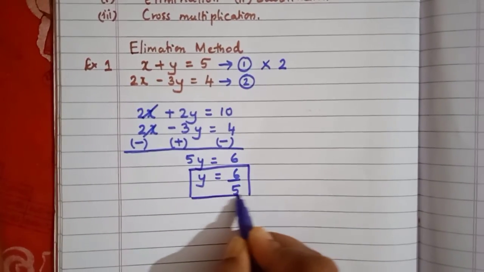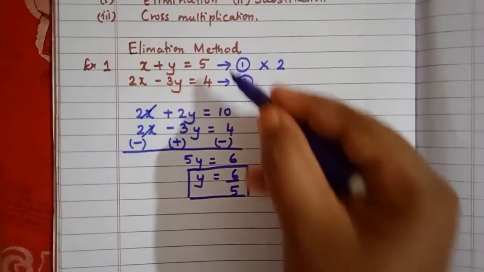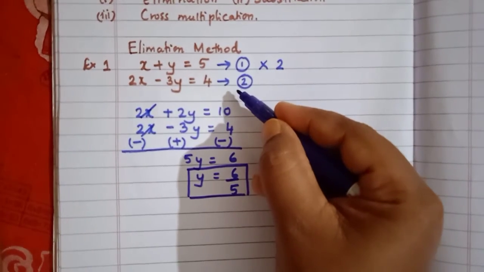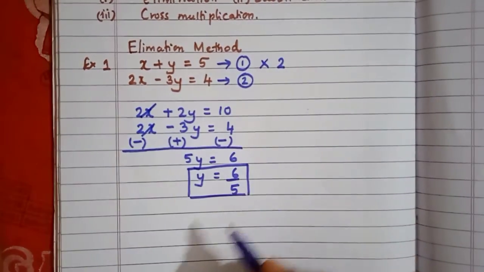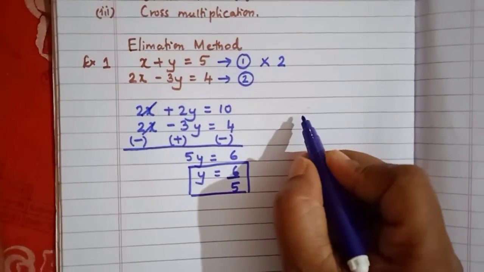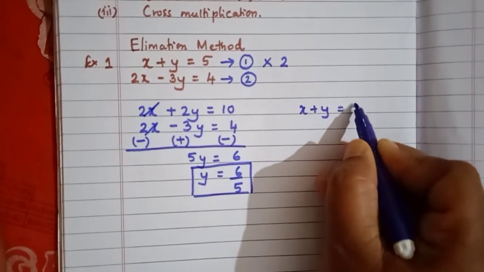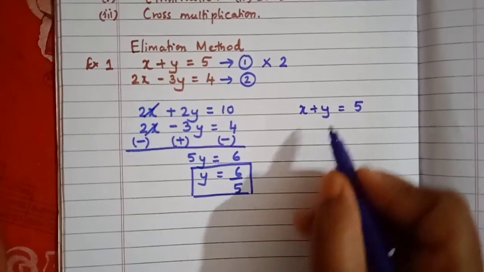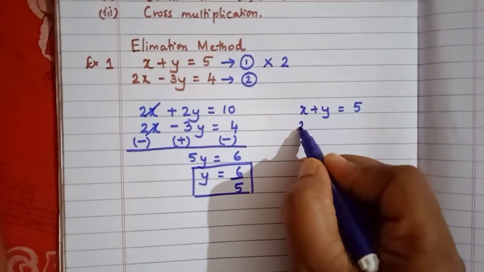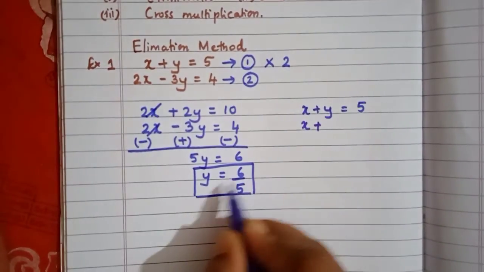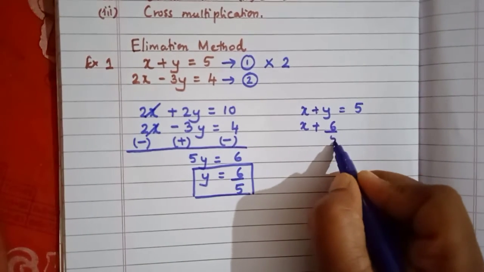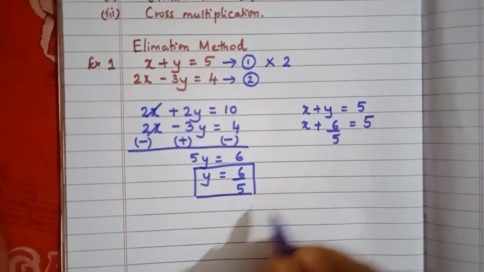Now this should be substituted in any one of this equation to find out the x value. So now I will take the first equation x plus y is equal to 5 and substitute the value of y here. So instead of y you can write it as 6 by 5 is equal to 5.